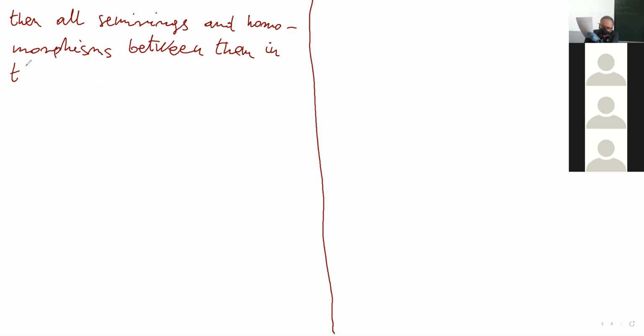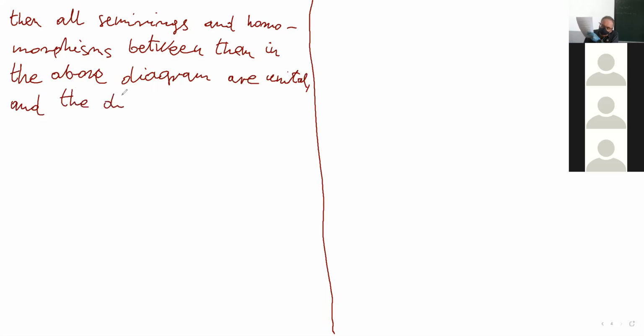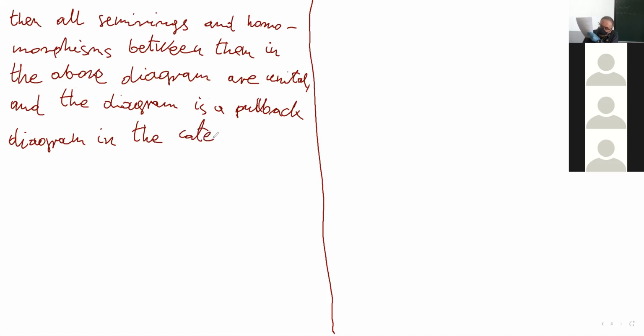Okay, in the above diagram, the push-out diagram, sorry, pullback diagram, are unital, and the diagram is a pullback diagram in the category of unital semirings.